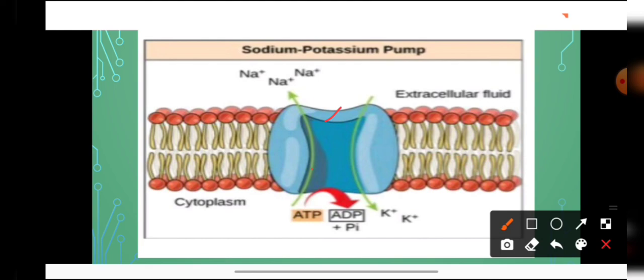Now students, the concentration of sodium ions is already higher outside, whereas the concentration of potassium ions is already higher inside. So the movement of sodium ions as well as potassium ions is taking place against the concentration gradient. So it is an example of active transport.